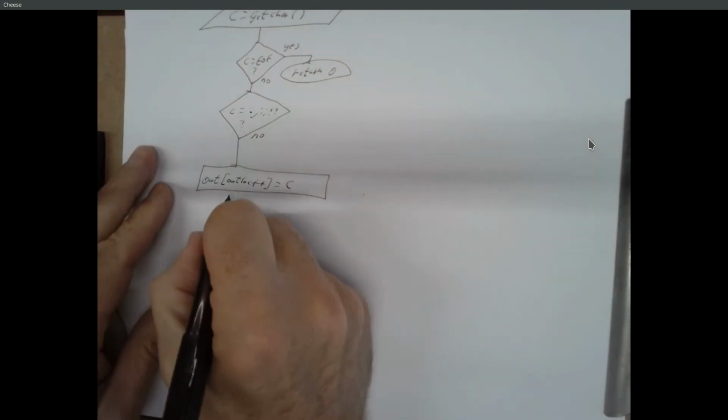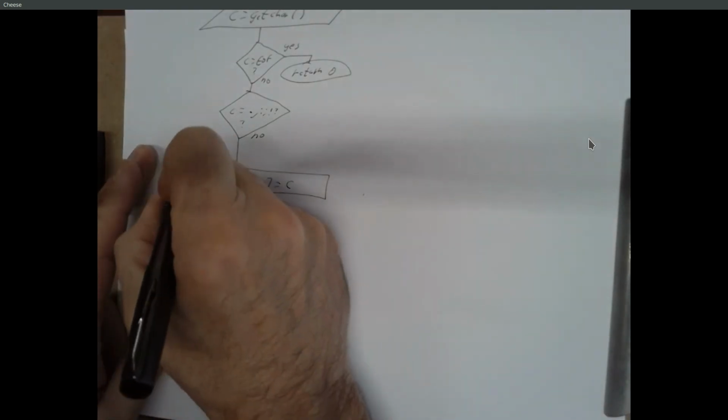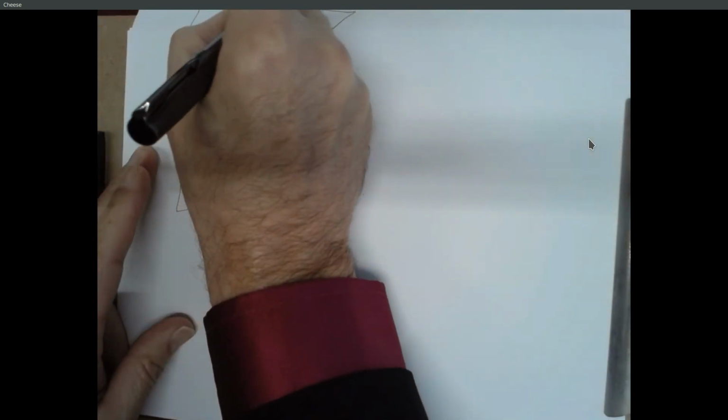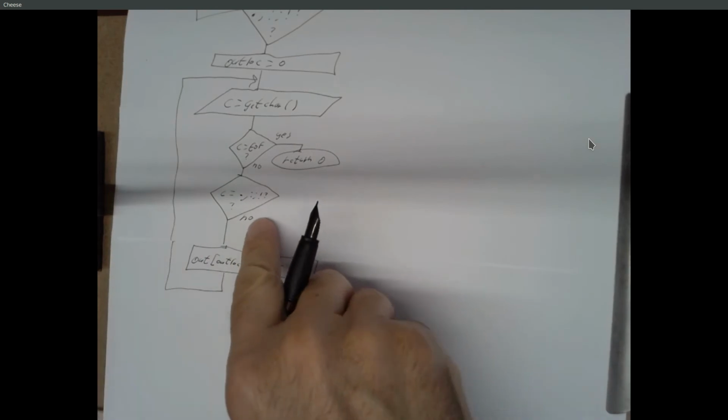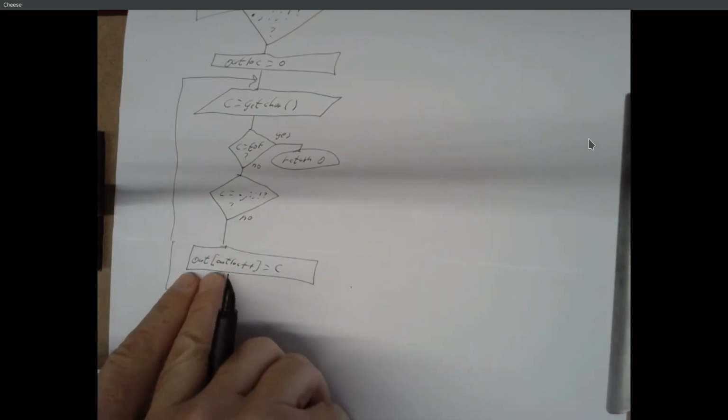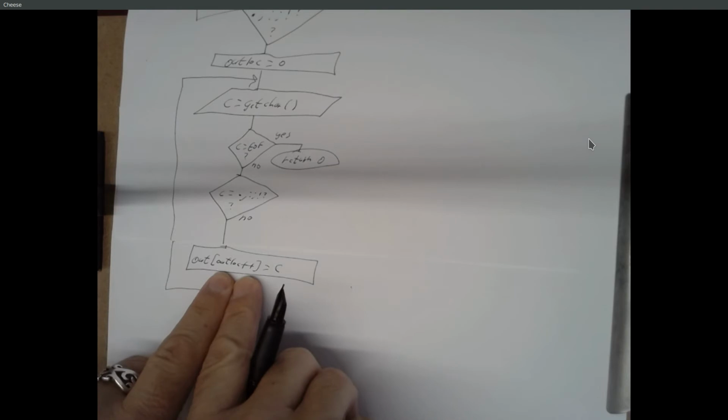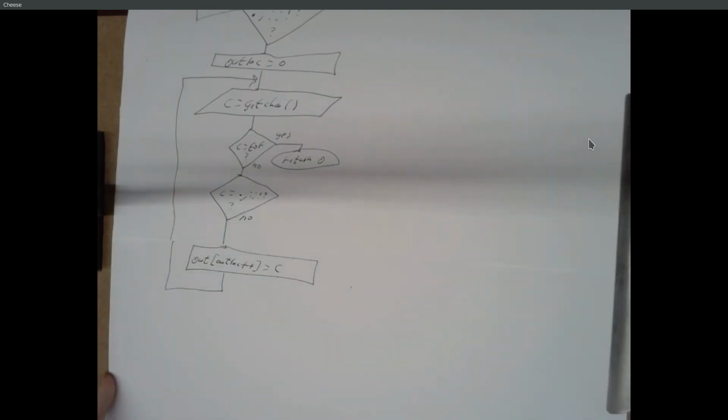Save it in our output array. And then go back up and get another character. So let me move this down. Okay, read a character. If it's not terminating a phrase, just save that character in our output array, bump up the output location, go back up to the top.